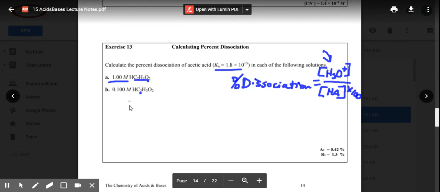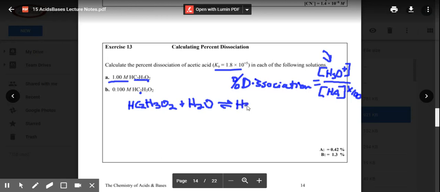I'm going to write my reaction. So HC2H3O2 plus water. When we have our reaction take place, the acid donates the proton, the base receives that proton.